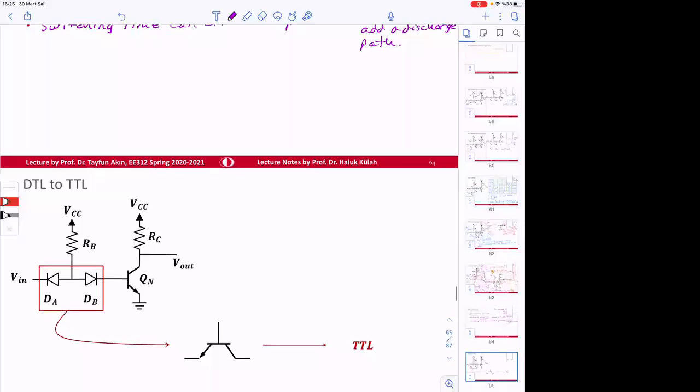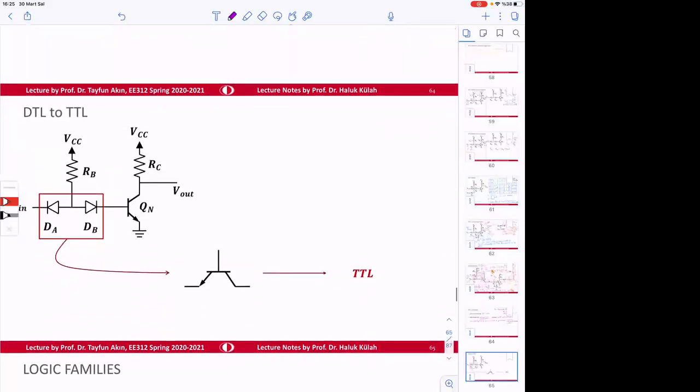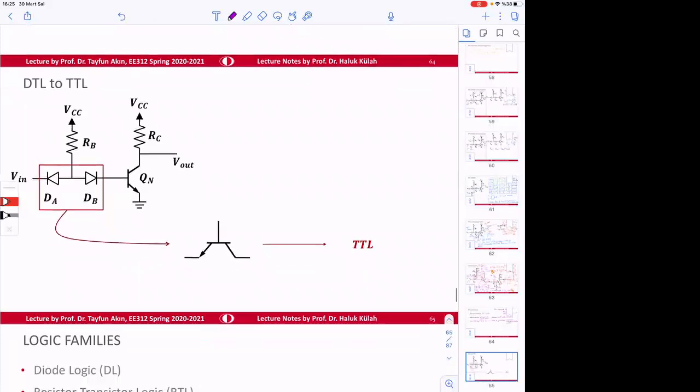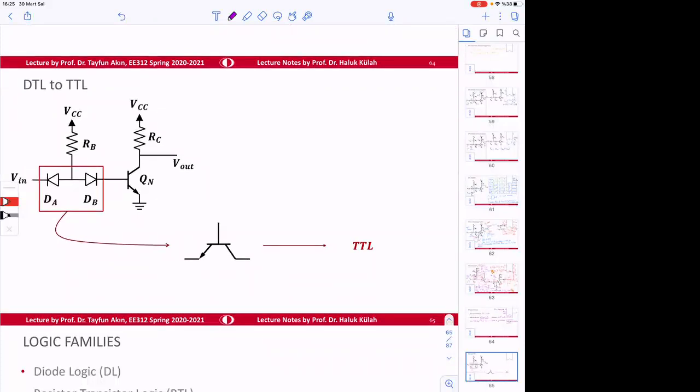Okay. Next, we will see the TTL circuit, and I'm just going to start this, maybe explain the idea, and maybe the voltage transfer function, but just the idea maybe. You know, today we'll be doing a 1 hour course.